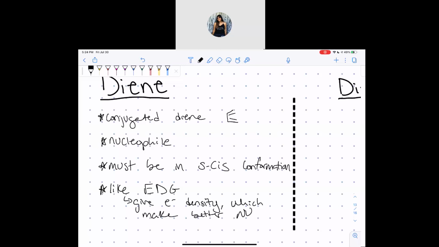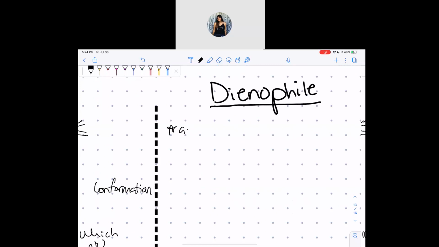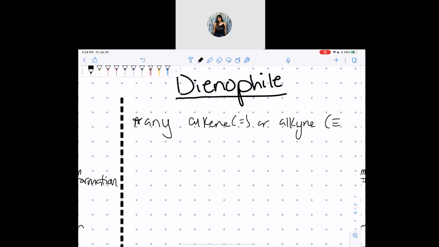On the other hand, dienophiles are any alkene or alkyne. They are the electrophile. And they don't have to have any specific configuration, but they are going to maintain configuration.